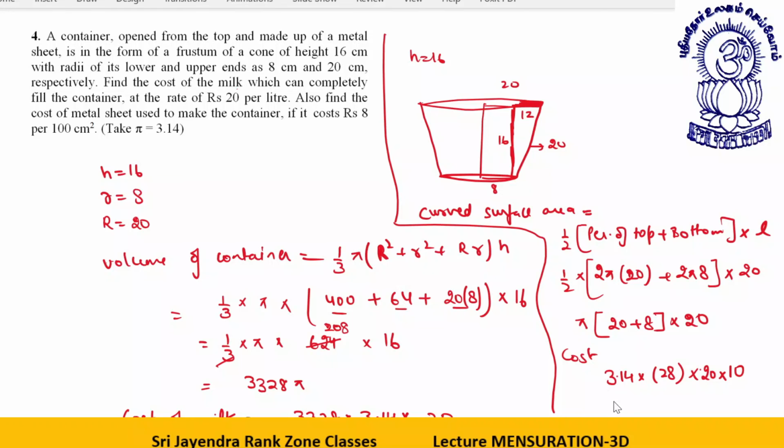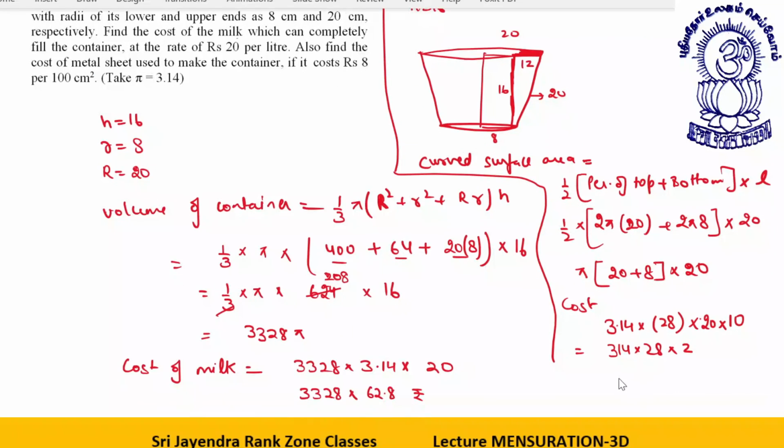Fine. So this you can say 314 into 28 into 2 or 628 into 20. And now this calculation becomes easy.